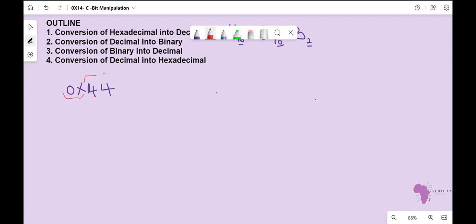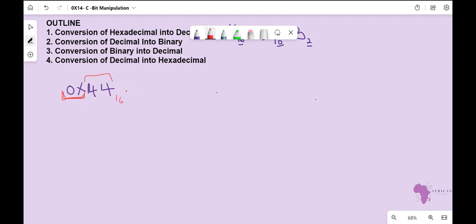And then this one now is the number itself in hexadecimal, that is, it is to base 16. So this number is 0x44, meaning that it's a hexadecimal number, because the 0x is able to tell us that. That's what's called hexadecimal notation. So guys, let's see now how we're able to convert this particular number, in this case 0x44, into a decimal number.